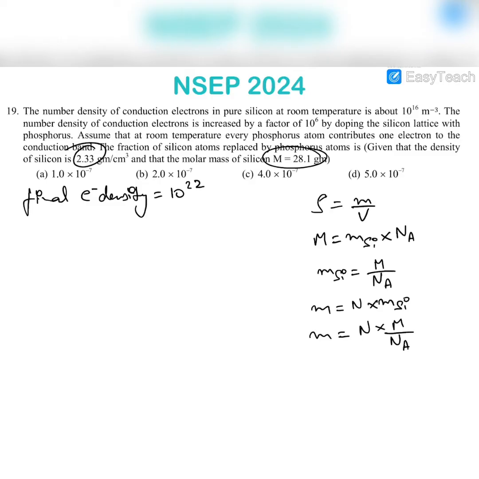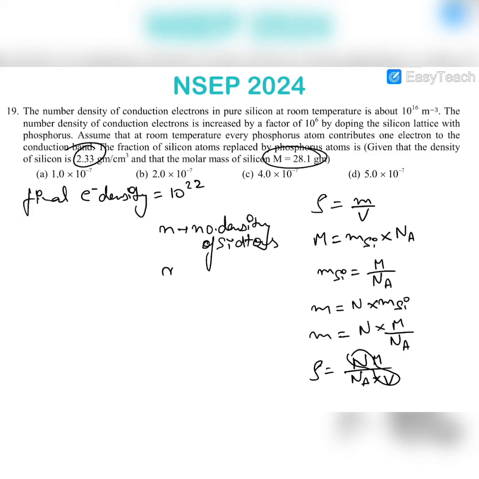And density rho is equal to m by v, so n M by Na into v, and this n by v is called the number density of silicon atoms.